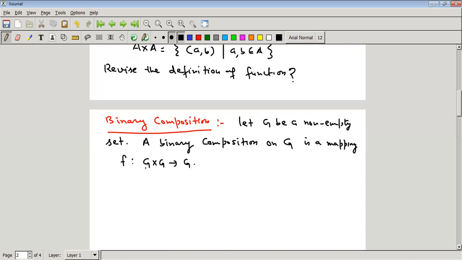So first we define G cross G. The elements of G cross G are in the form (a, b), where a, b belong to G. It is in the form of an ordered pair.